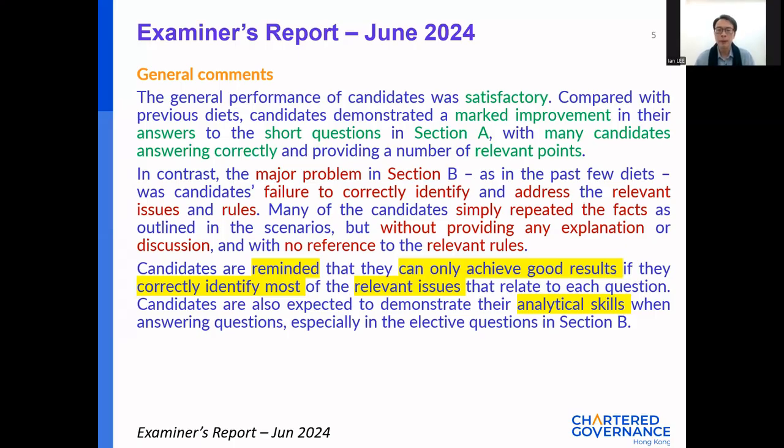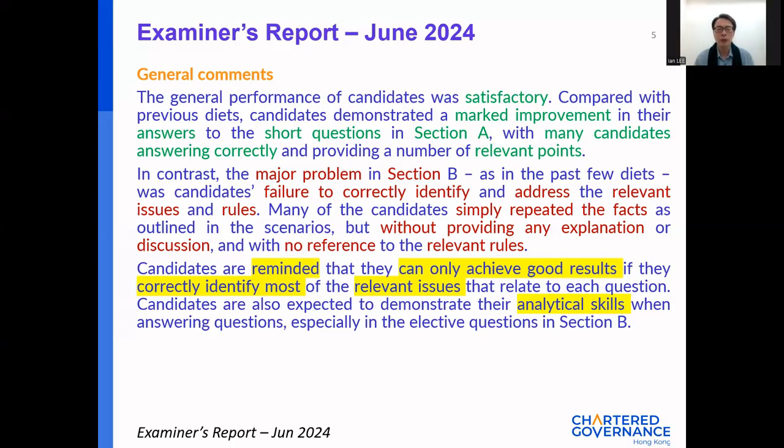Why is it important? Because that would directly affect the next part, the relevant rules. If you are not able to correctly identify the relevant issue, then most likely whatever rule you write down will not be relevant to the question. So that's why it's step by step. It's very important first to work out what is the relevant issue and then work out what are the relevant rules.